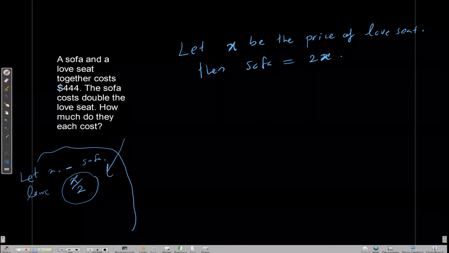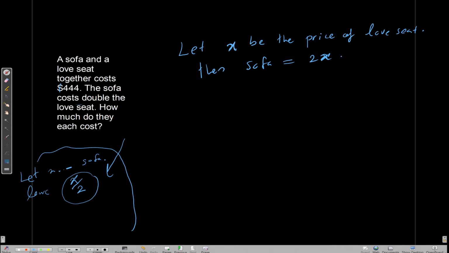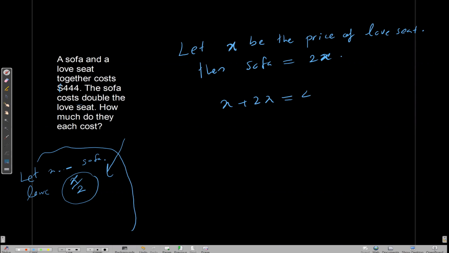Now let's convert this. So sofa and love seat together cost x plus 2x equals 444, right? So 3x is 444.